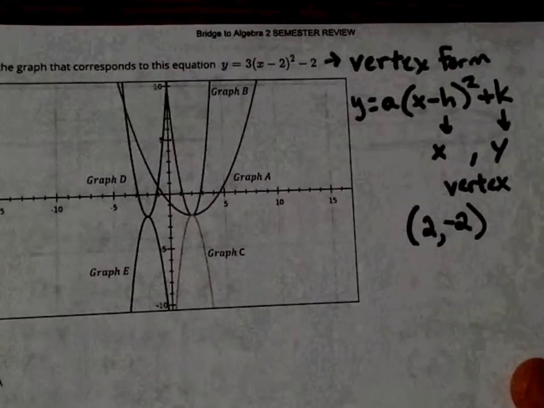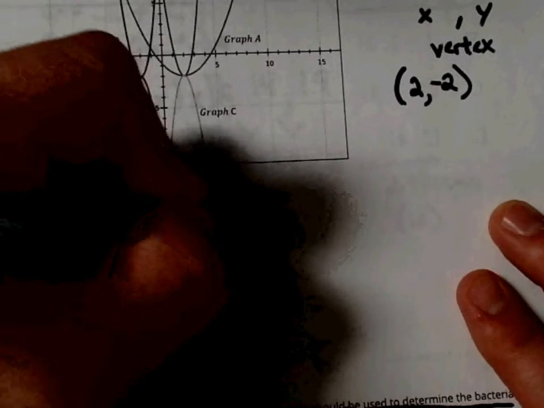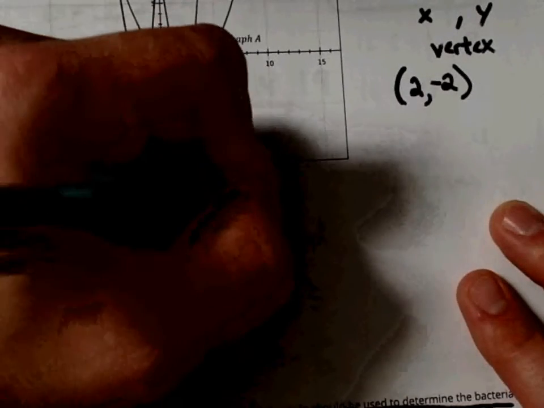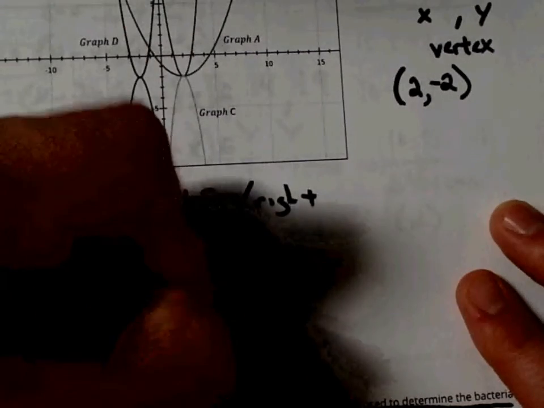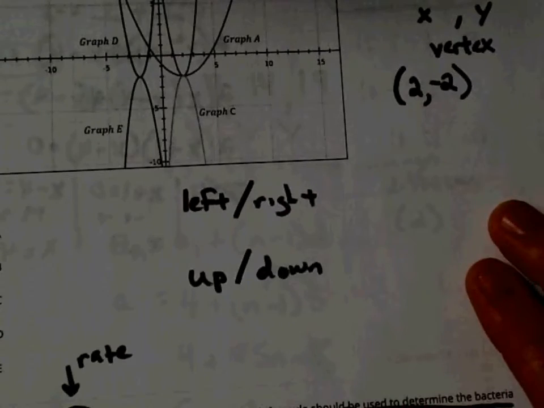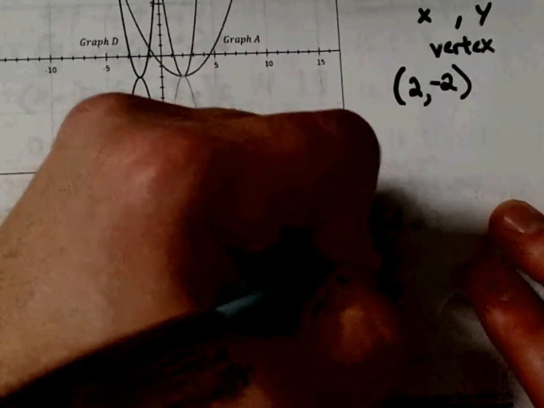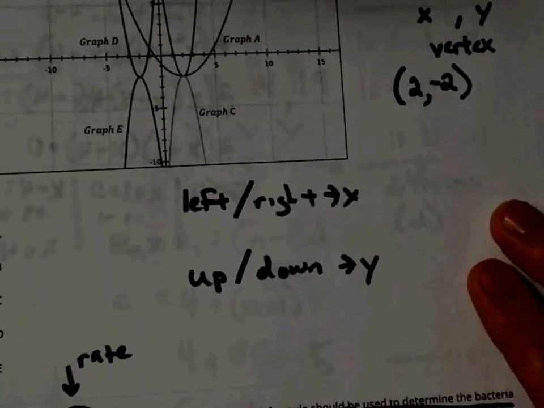Yesterday we talked about transformations a little bit. And in transformations, we can move a graph to the left or the right and up and down is what we talked about. Left or right deals with the x, up or down deals with the y, and those are the axes.